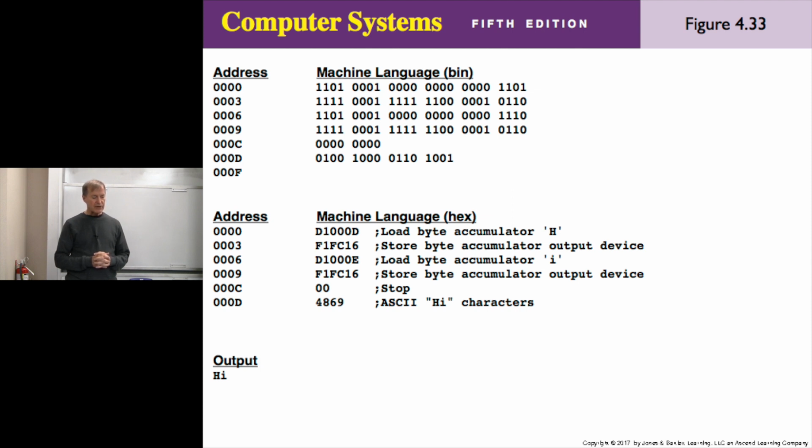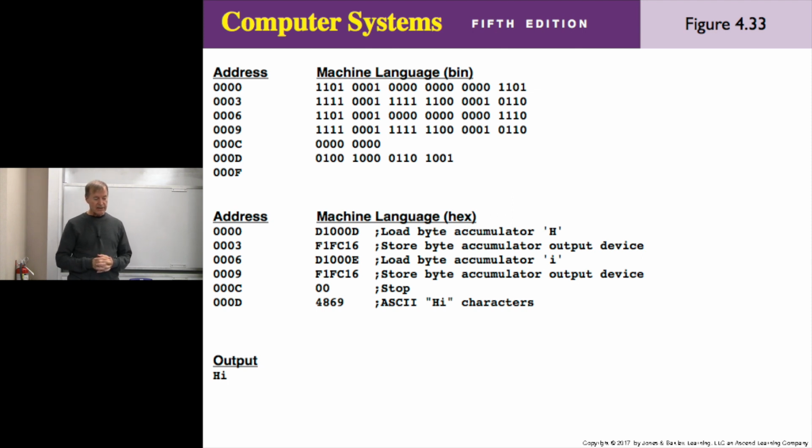The address in hex is in the first column, on the left, and then the content of main memory is on the right. We have two different versions here, a machine language in binary, and the other version is a machine language in hex. Does everybody understand how to read this machine language code?